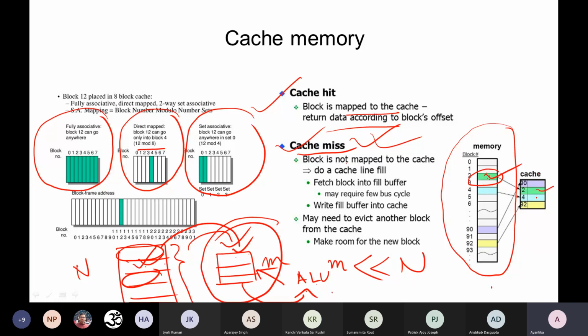And when we are considering this, there is always some pros and cons of every choice. So when we choose that this memory block can go to any place of this smaller memory, that means when you have to search for the data coming from the block, you have to search in the overall cache memory.